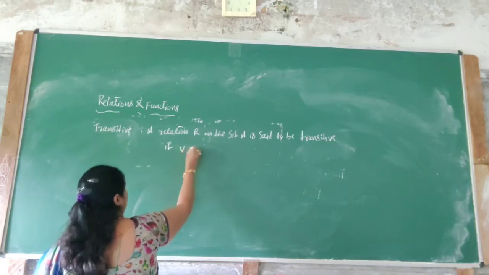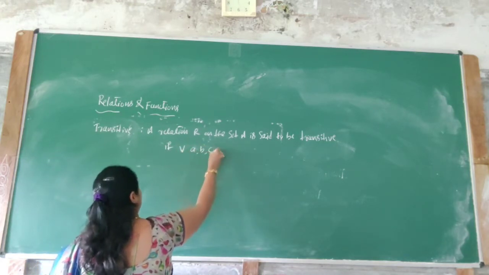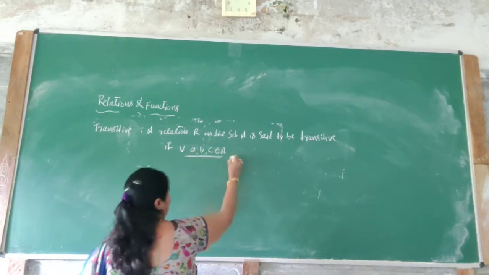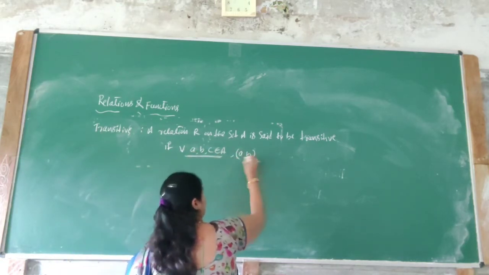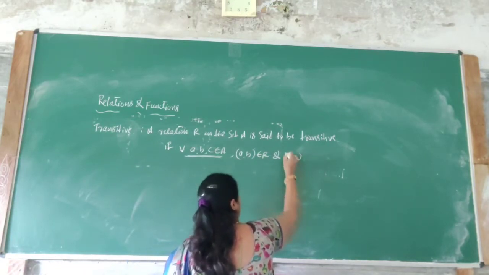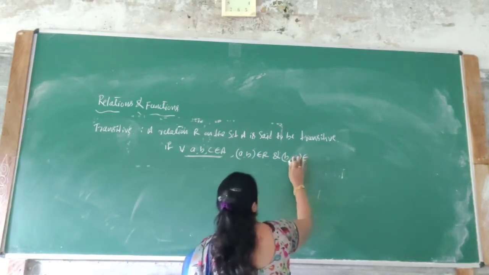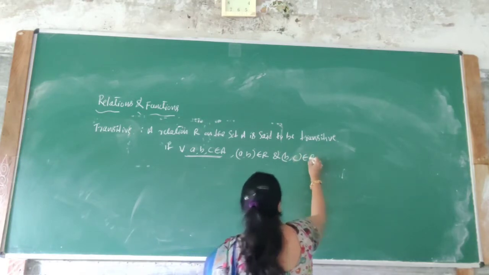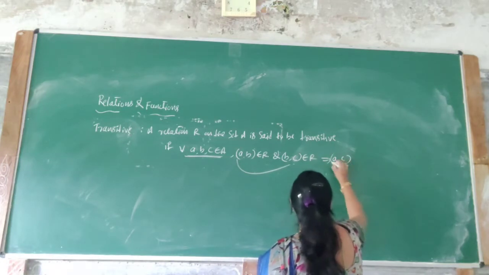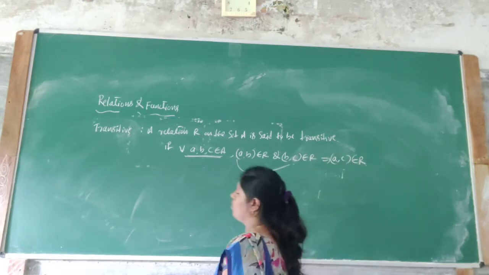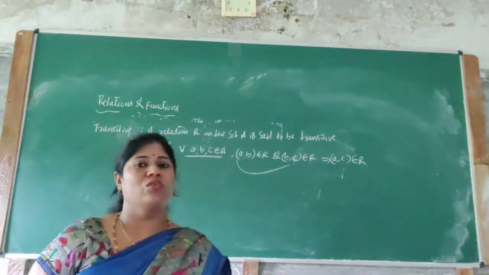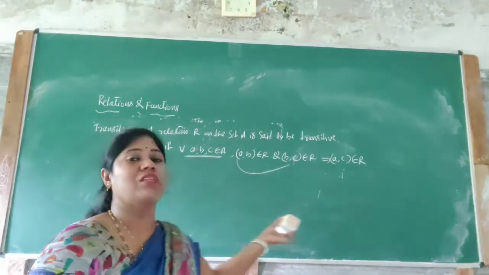if for all a, b, c belongs to A, (a, b) belongs to R and (b, c) belongs to R implies (a, c) should also belong to R. You should know the definition thoroughly, then only we can solve the problems.